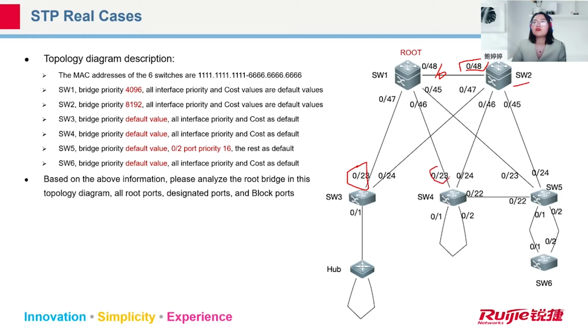Yes, it's correct, 23. How about switch 5? 24, 23, 22, 1, 2. Yeah, it's 23, correct. How about 6? It's a little difficult. 1 or 2 will become the RP.